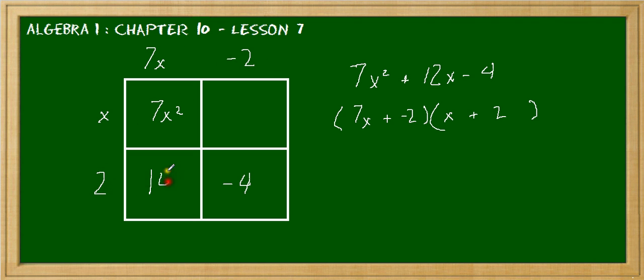That would give me 14x, and that would give me negative 2x, and when I add these two, I get positive 12x. So our factors would be 7x minus 2 times x plus 2.